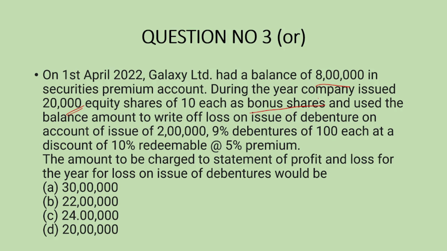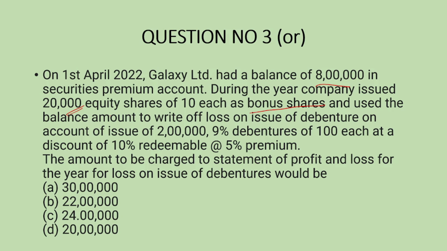This is very important. And use the balance amount to write off losses on the issue of debentures, that is the issue of 2 lakh 9% debentures of 100 each at a discount of 10%, redeemable at a 5% premium.